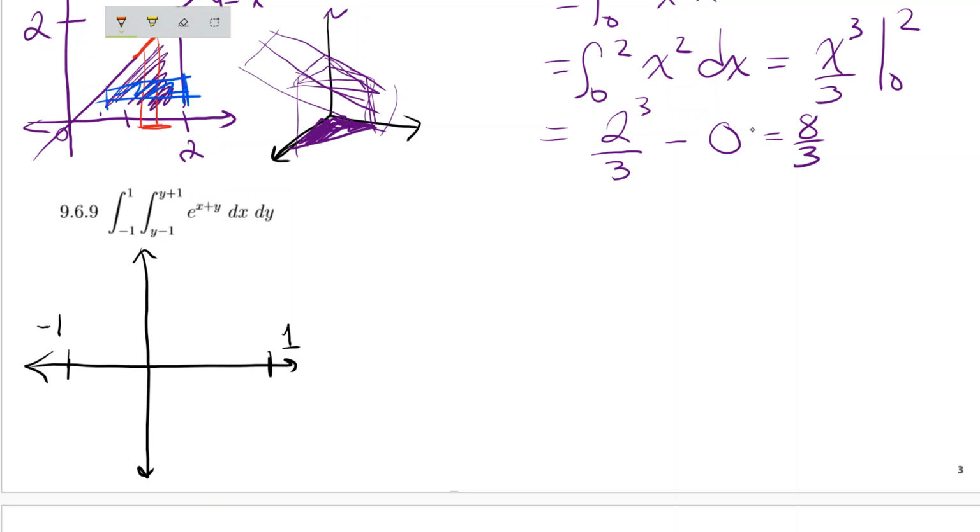X equals y plus 1. Okay. So when x is 0, y will be -1. Interesting. And when x is 0, y will be +1. Okay, I see what this looks like. So I'm going to place 1 here. Actually, I need to place it a little bit lower so you can see what this looks like.